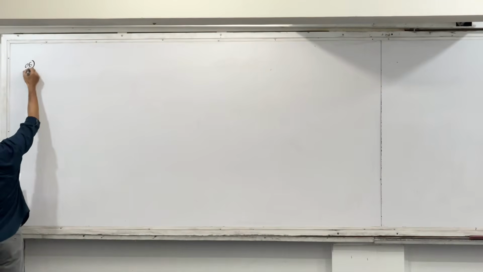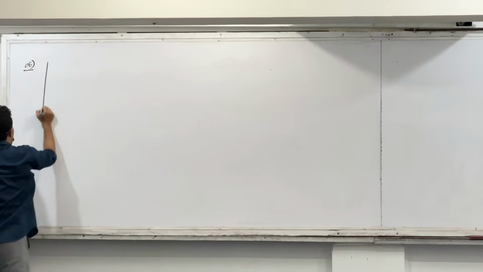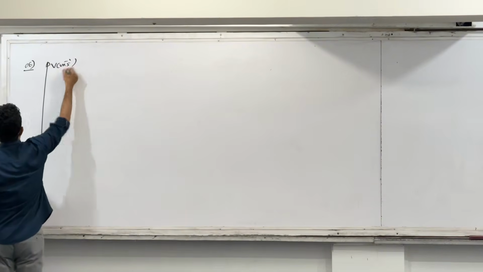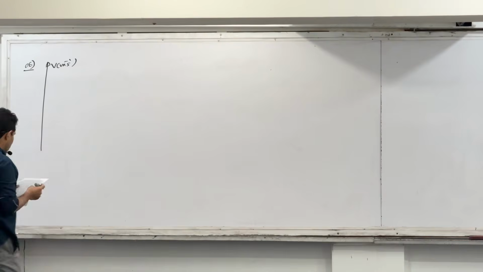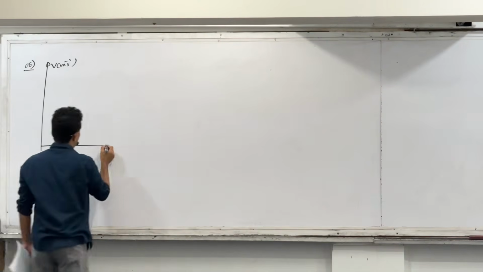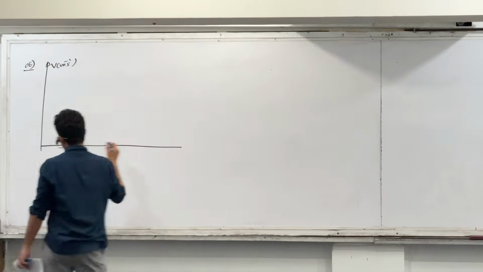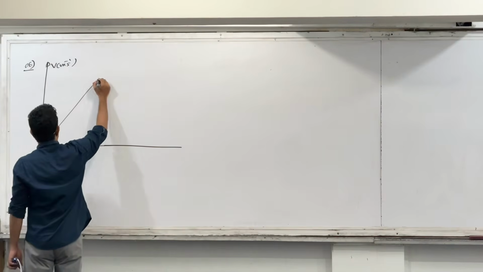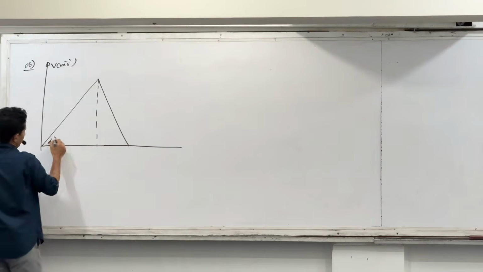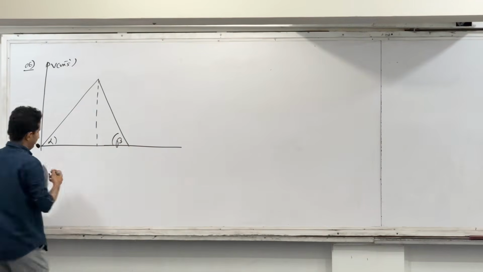Question 6. V in m s minus 1. The acceleration is 4 and the retardation is 8, so the time taken for the acceleration is more than for the retardation. The graph will look like this, with alpha and beta.